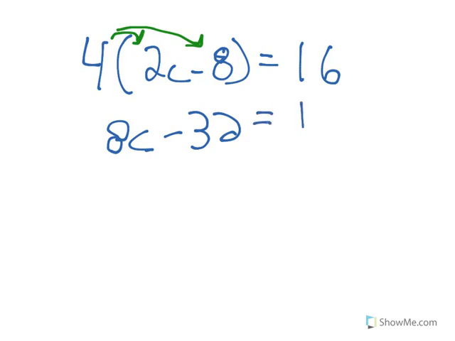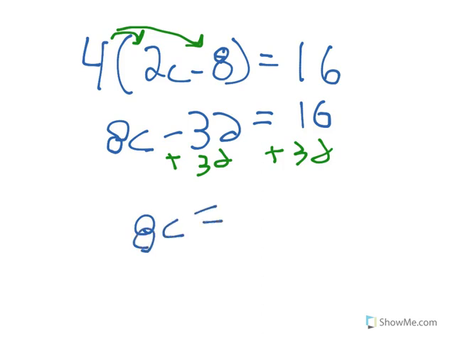And we didn't do anything to the 16. So now we can add the 32 to both sides. So then we get 8c, 16, and that's a 32, I promise. So that's 48.